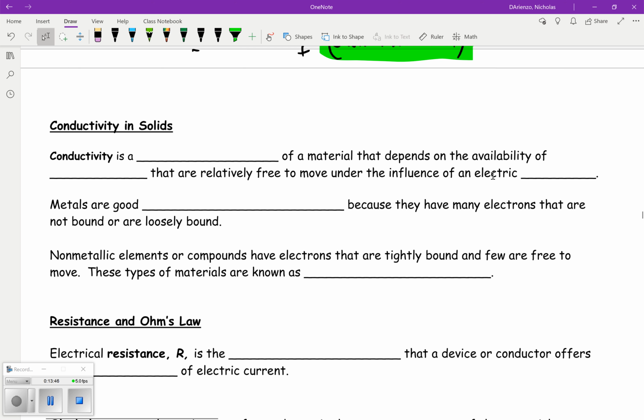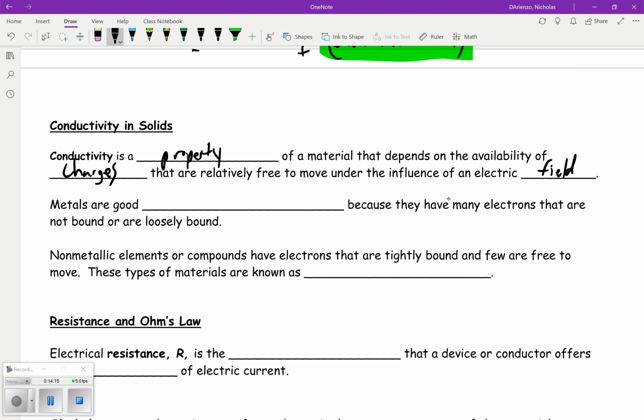Conductivity in solids. So conductivity is actually a specific property of a material. We know not everything can conduct electricity. And it's going to depend on the availability of charges, more specifically electrons, that are relatively free to move under the influence of an electric field.